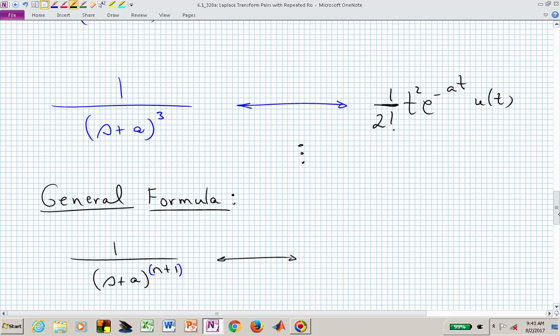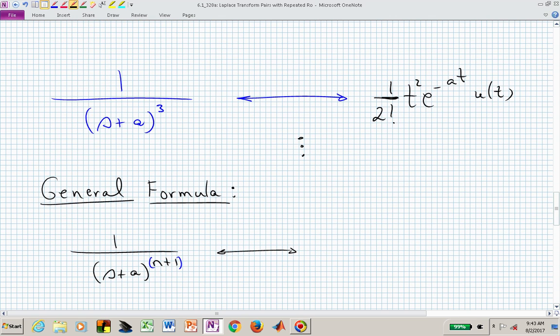And in general, if we start with 1 over s plus a raised to the n plus 1 power, now we don't have any scaling, the numerator is just 1, then we have 1 over n factorial. This is 1 less than the power of the root. The pole is now repeated n plus 1 times.